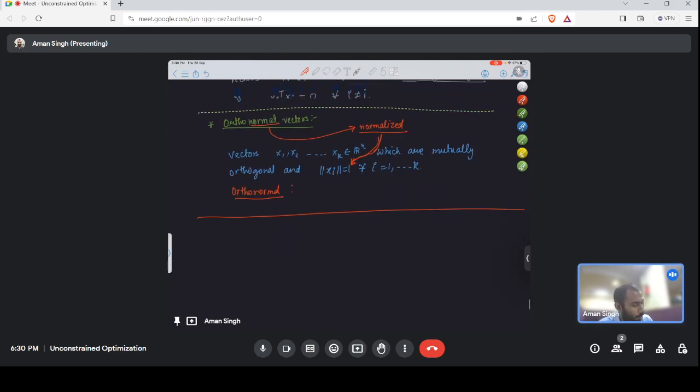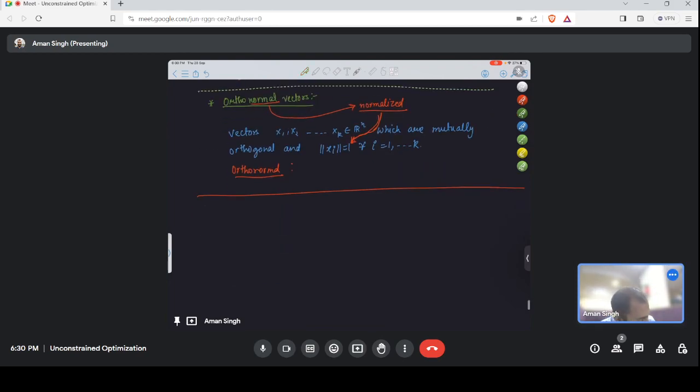Now there is an important result, or theorem, I would say, which says that if a set of vectors are mutually orthogonal, then they are also linearly independent.